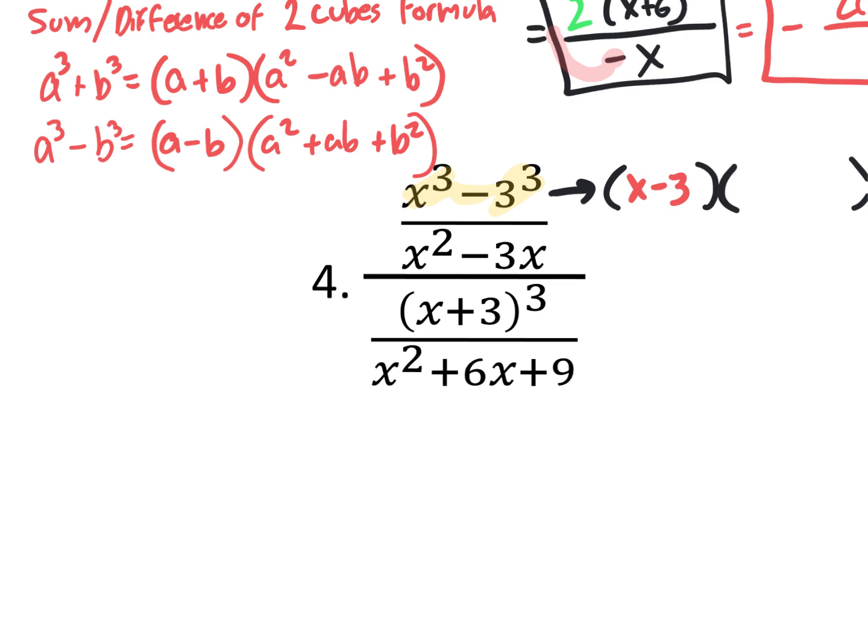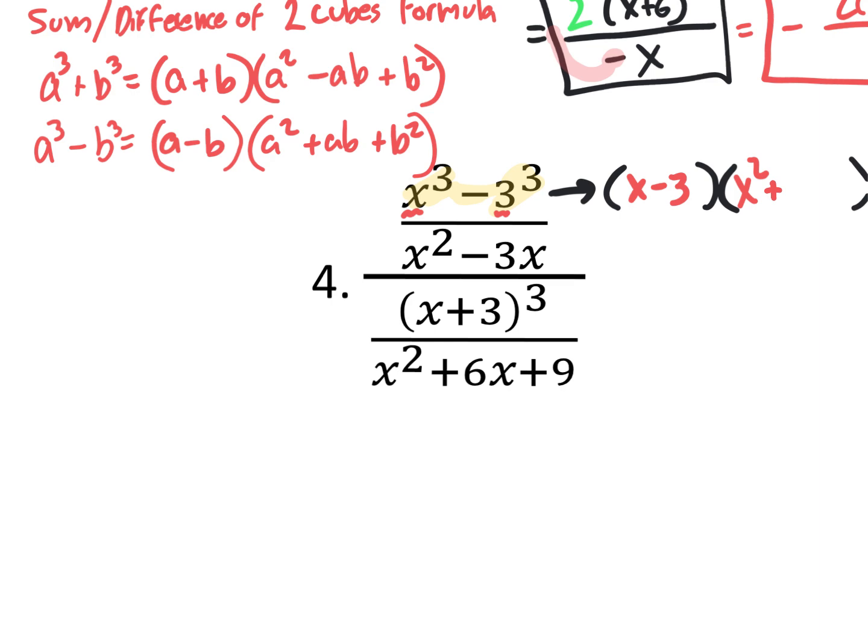Now, notice that you're going to have an a squared right here. But in this case, your a is x, so that'll be an x squared. I hope everybody sees that, understands that, x squared. And then, if you had a minus right here, then the next sign in the middle is going to be a plus. So that's going to be a plus a times b. But what is ab in this case when you multiply them together? x and 3, right?